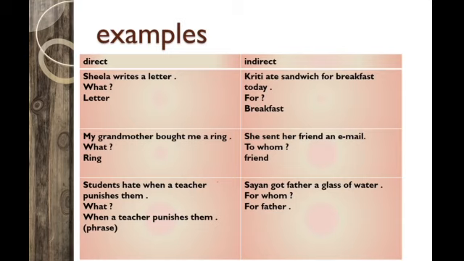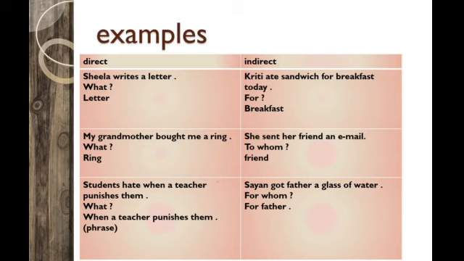Look, if in a sentence one object is there, that is a direct object. If two objects are there, then you have to identify which one is direct and which one is indirect. Let's see again, the first one. In this sentence, we have two objects. Kriti ate a sandwich. What? That is sandwich, it will be the direct object. For breakfast, for what?